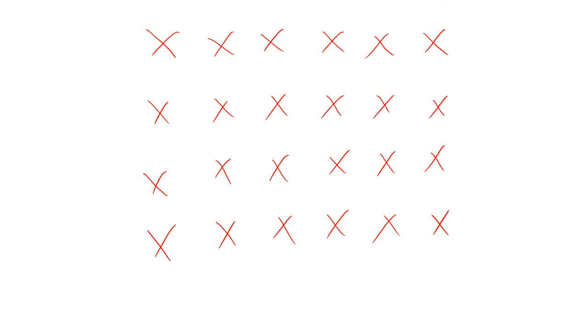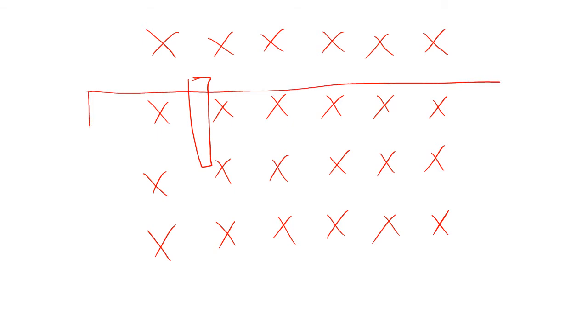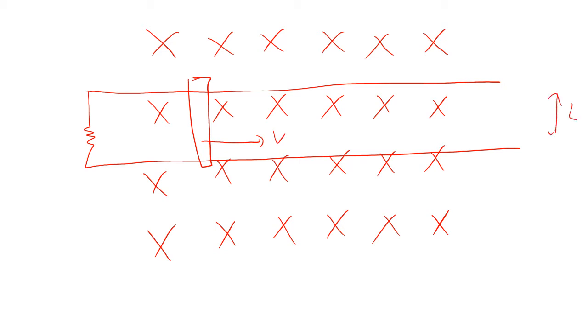So now we have this magnetic field that's into the screen, and I've got a moving object right here, and it's sliding along these rails, connected to a resistor right here. So it's sliding along the rails with some velocity v. The rails are some length L apart. The resistor has some resistance R. And the magnetic field is B.